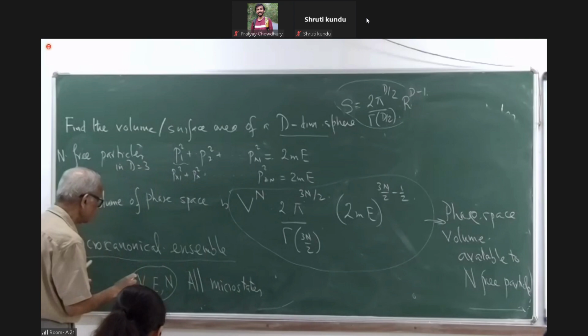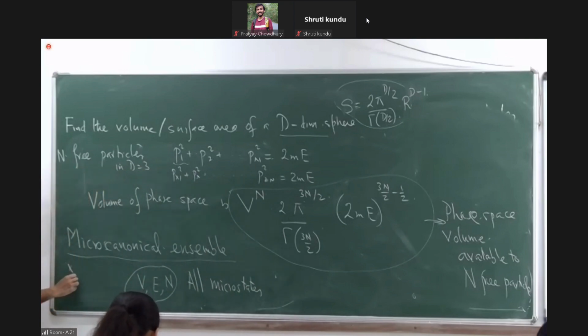The microstate is that you give the position vector of each particle and the momentum vector of each particle. That is the microscopic state. You give the x and p of each particle. So then you have the microscopic state associated with these N particles.